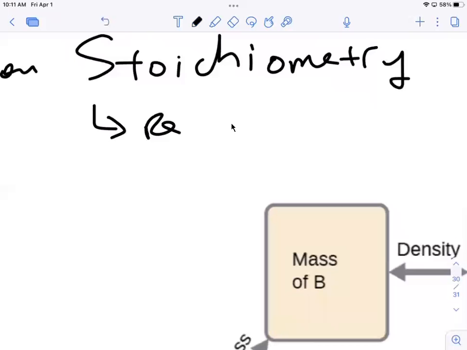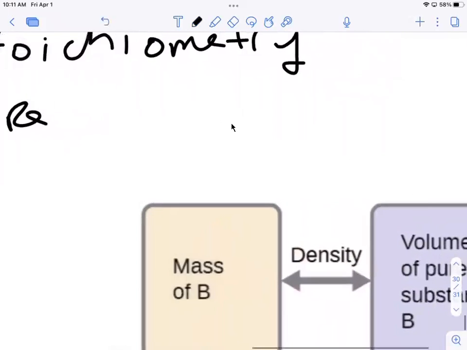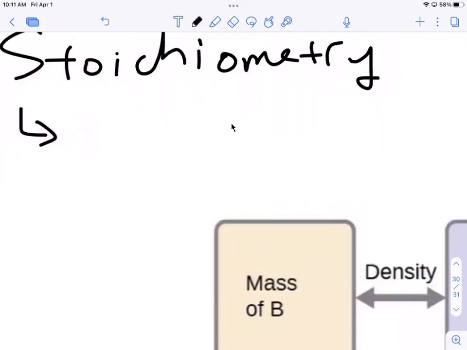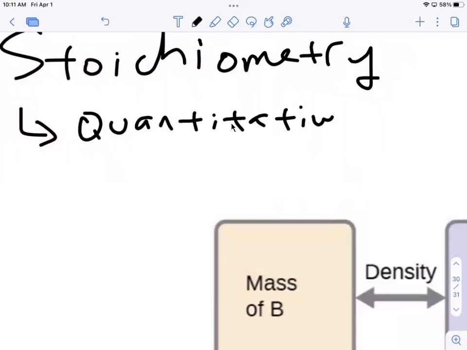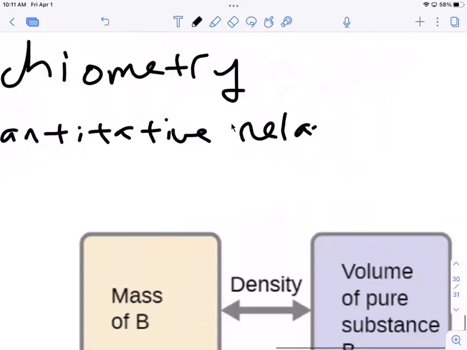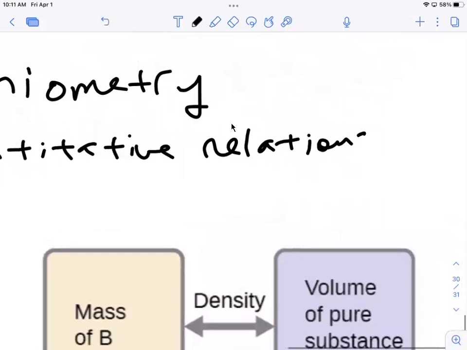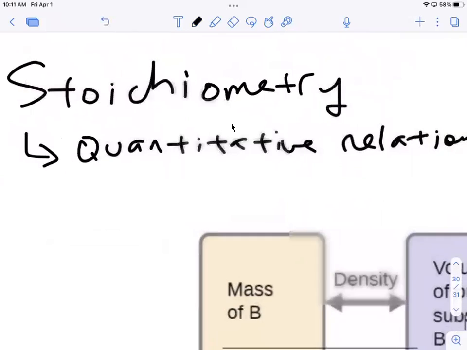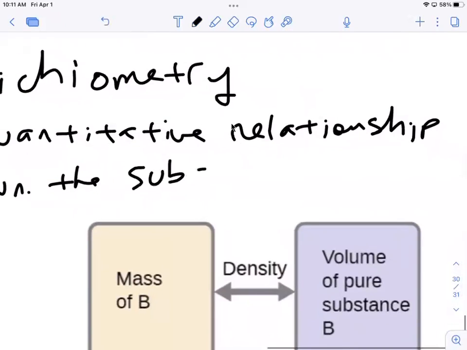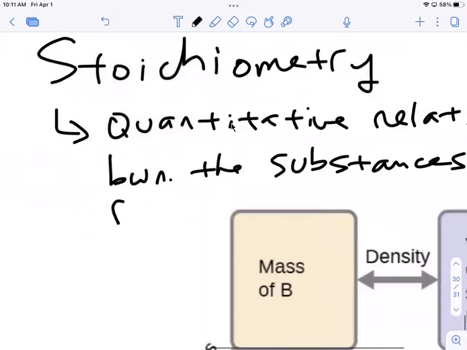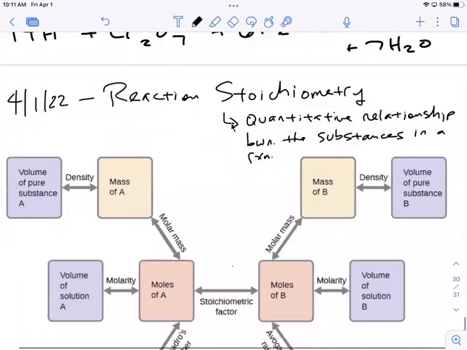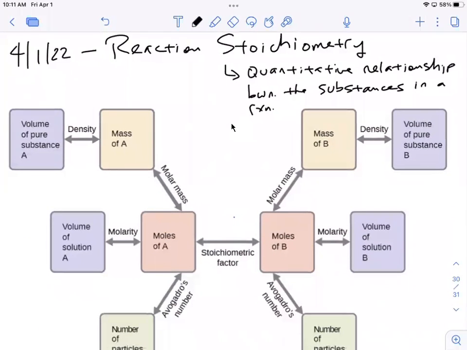So it's a quantitative relationship between the substances in a reaction.